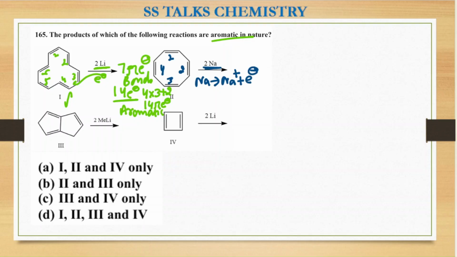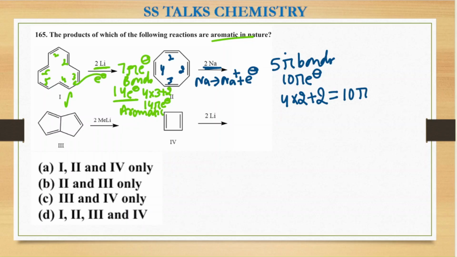So one pi bond will be increased over here, as the anionic species is formed. So in total we will have 5 pi bonds, which represents the 10 pi electrons. So again you can see 4 twos are 8 plus 2. So 10 pi electrons will be present. That means Huckel's rule is again being obeyed over here. So this molecule you will be getting is again an aromatic species only.